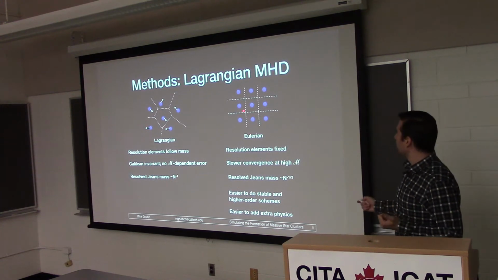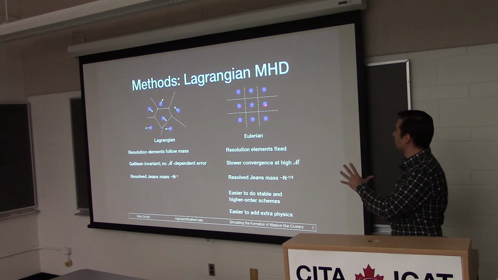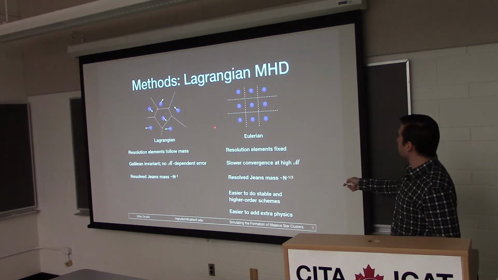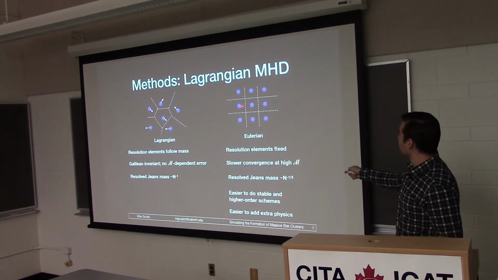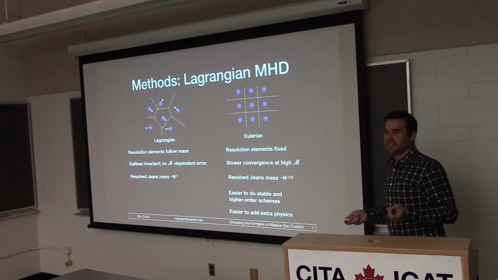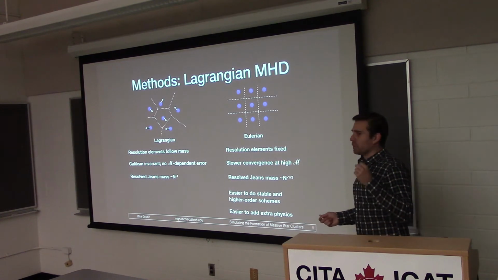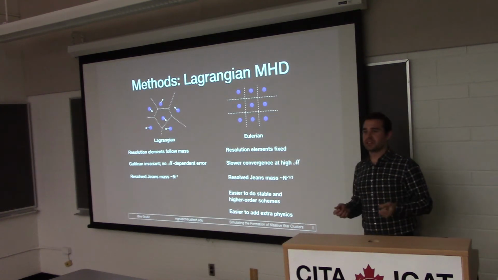Whereas if you have a scheme where you're solving at collocation points that are fixed in space, you can end up with a situation where all of the mass goes into one cell and you're not really resolving anything. Another nice thing about this Lagrangian scheme is that we're going to be dealing with really high Mach numbers.